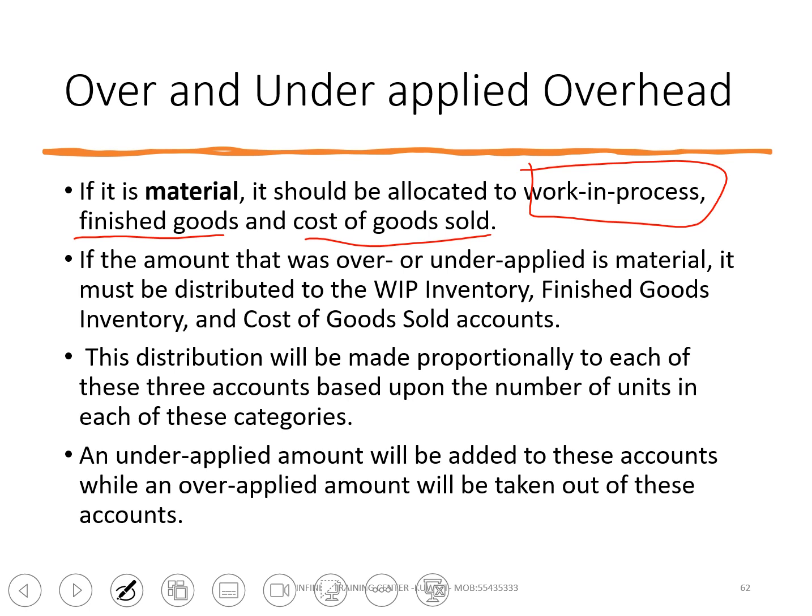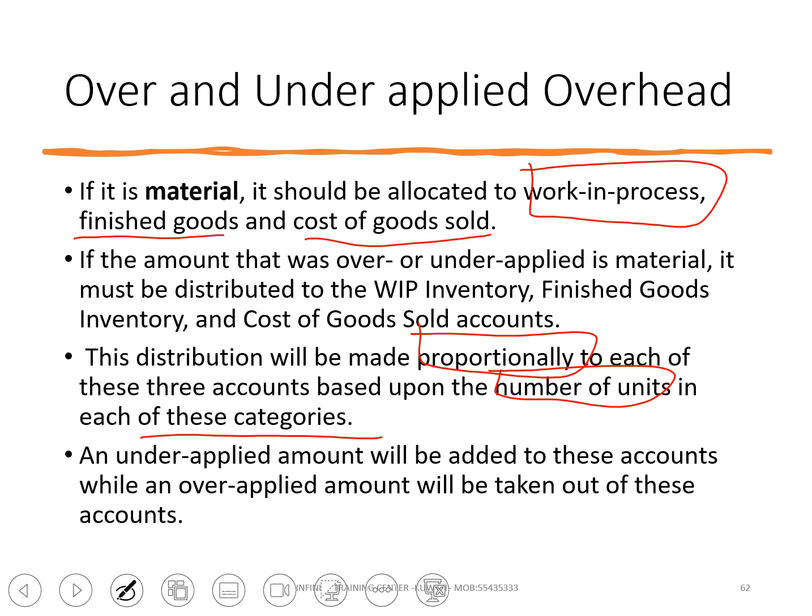If there is a $90 difference, then that means $30 will be added or removed from work in progress, $30 from finished goods and $30 from cost of goods sold. So this distribution is made proportionally to each of the three accounts based upon the number of units in each of these three categories. When it is a material amount, we have to do it in this way.